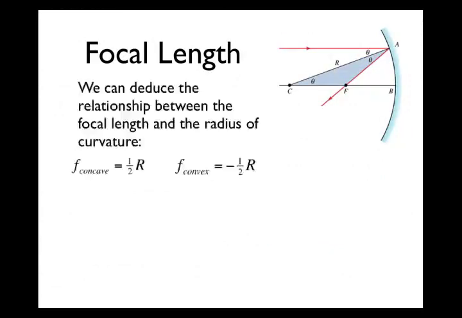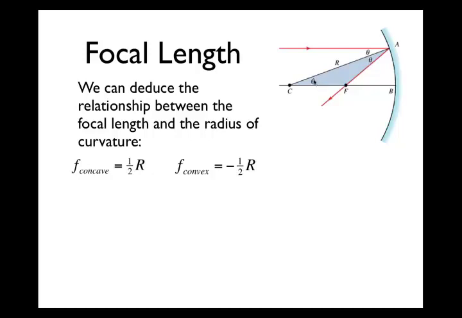So the focal length can be shown to be 1/2 the radius of curvature. The geometric argument goes something like: you have a ray that comes in, gets reflected at point A down through the focal point. The angle of incidence has to equal the angle of reflection, so these two angles are equal to one another.